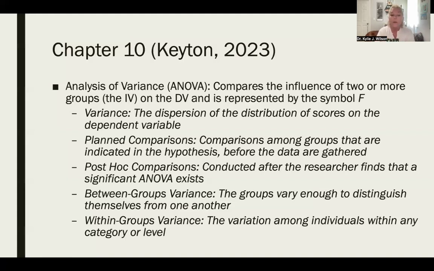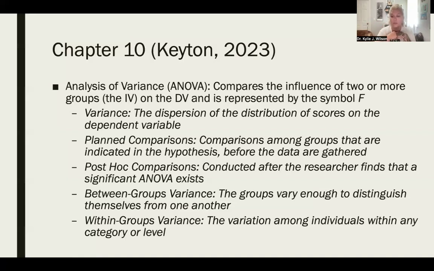Okay. We have between groups variance. So the groups vary enough to distinguish themselves from one another, right? Comparing Travis and X, there's enough of a difference in satisfaction that we can show that they have distinguished themselves.